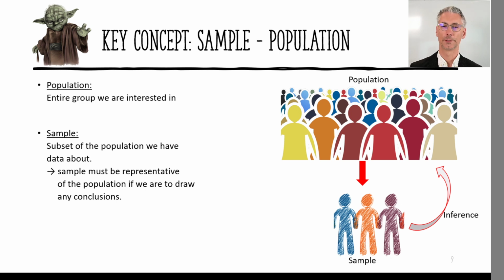And this is called the population in statistics. It's the entire group that we're interested in. So for example, if we focus on a sample of, say, 10 people, we can describe this with our descriptive statistics. This is the subset of the population. But we want to really make a description of our population. So that means that our sample must be representative of the population if you want to draw any conclusions, right?